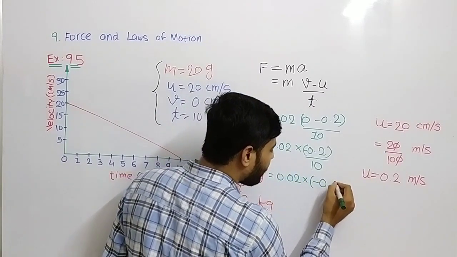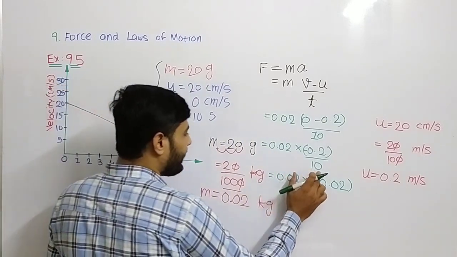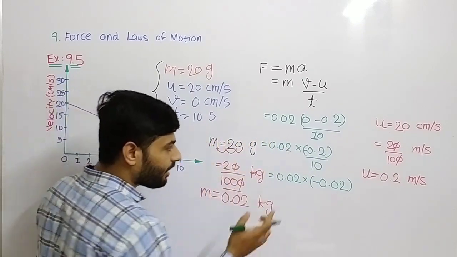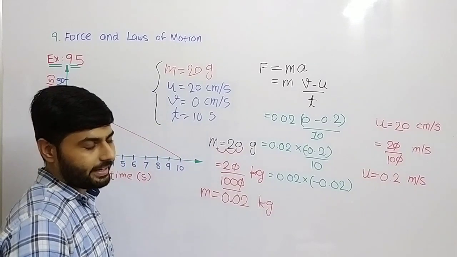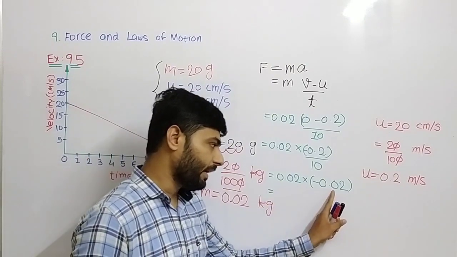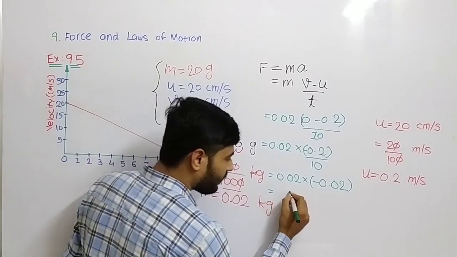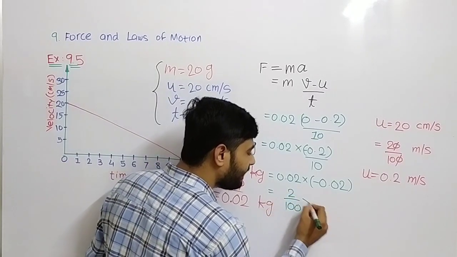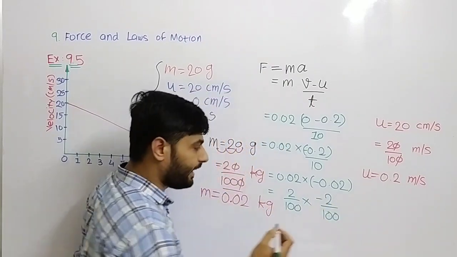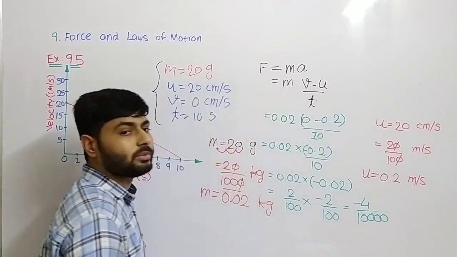0.02 multiply minus 0.02. What I did? I shift this decimal point to left side. Why? Because I have 10 in denominator. So I will multiply 0.02 and 0.02. Now we know that 0.02 is 2 divide 100, so 2 divide 100 into 2 divide 100 is minus 4 divide 10,000.